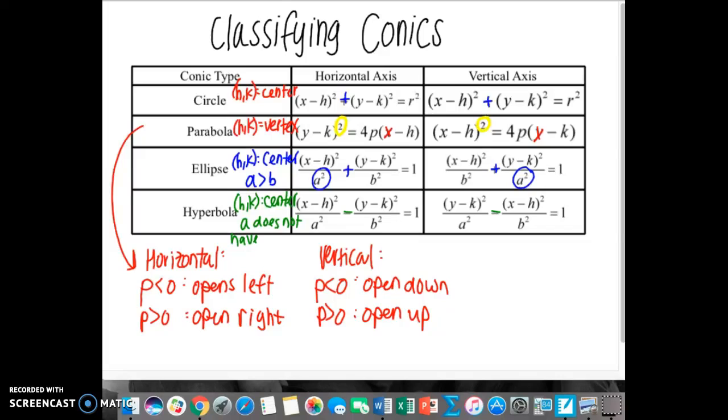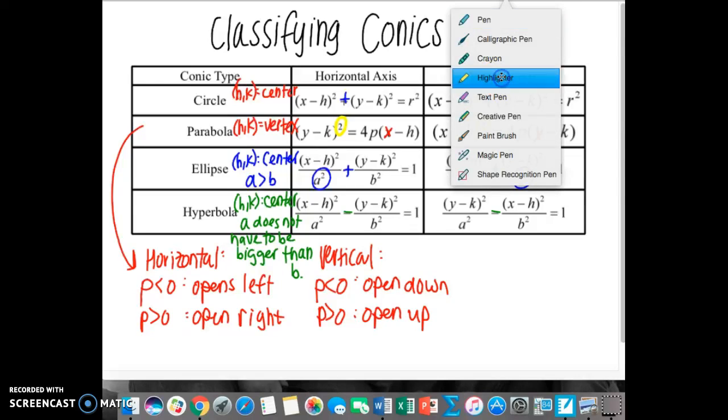In fact, the denominators a and b are always going to be in that spot. So the first term, the positive term, will always have the denominator of a squared, and the second term will always have the denominator of b squared. We are looking at which term comes first.